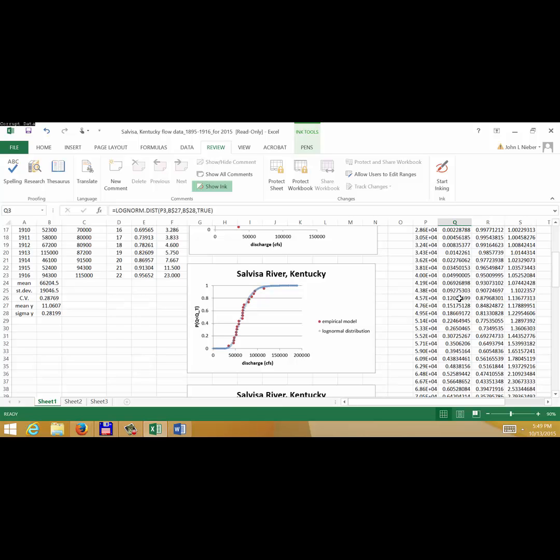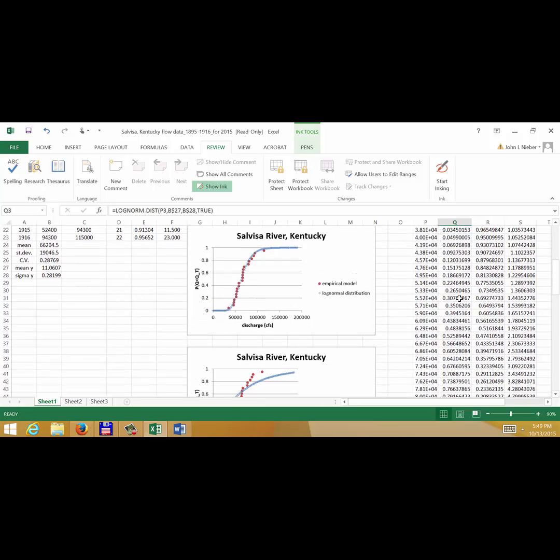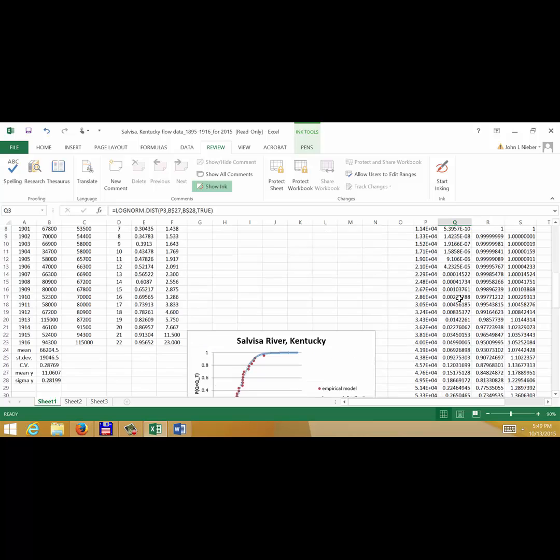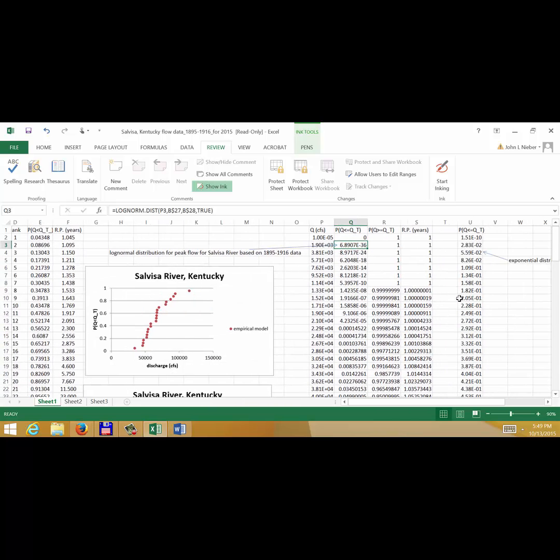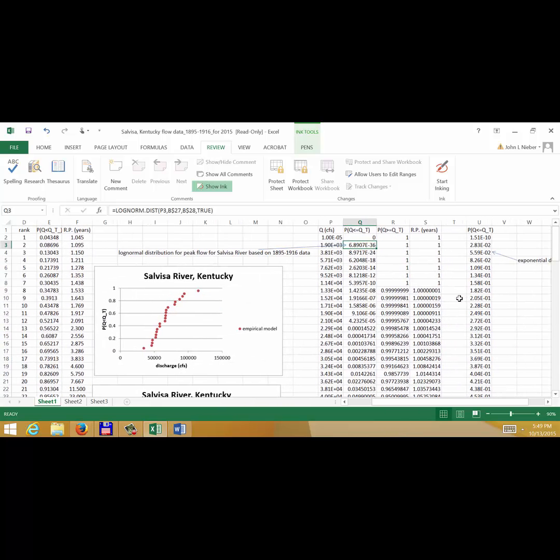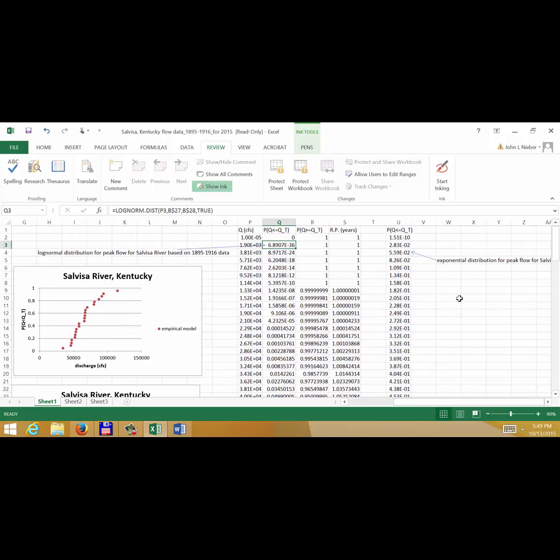Just as a comparison, let's look at another probability distribution function, the exponential distribution, which is discussed in the lecture notes.